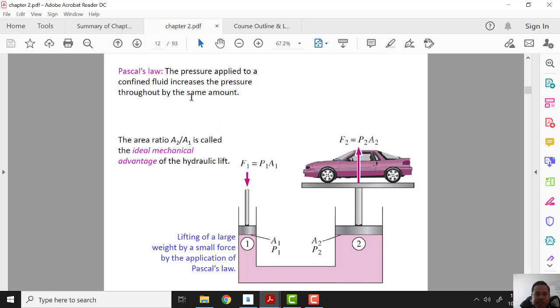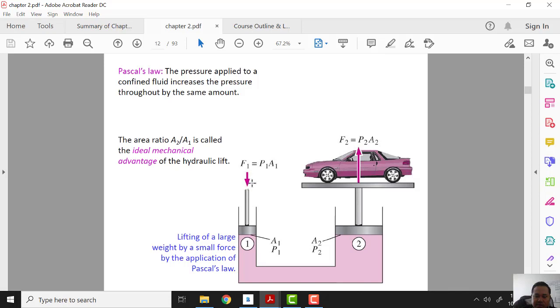Here is Pascal's law, and this example is for a hydraulic lift. The pressure at point 1 is the same as the pressure at point 2.